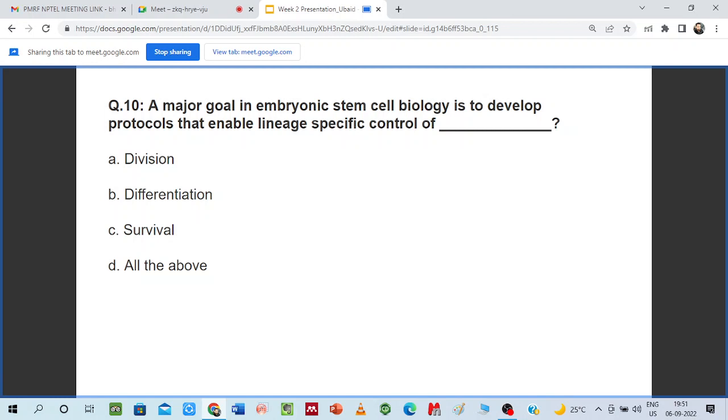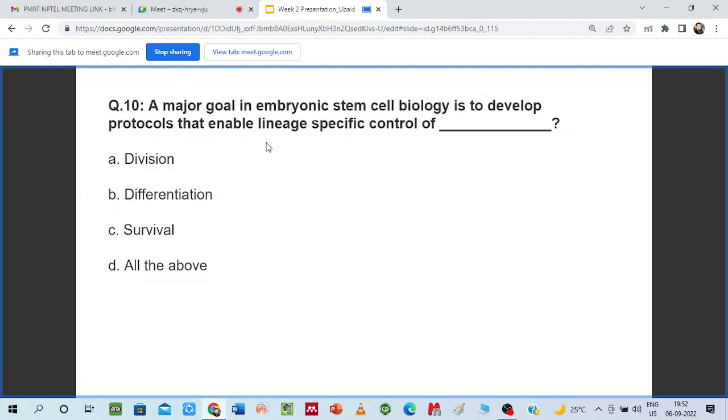So when they have the potential of developing into any type of cell, for example in case of differentiation, if we know the protocol of developing cardiomyocytes, hepatocytes, smooth muscle cells, epithelial cells, we can control the process of differentiation.